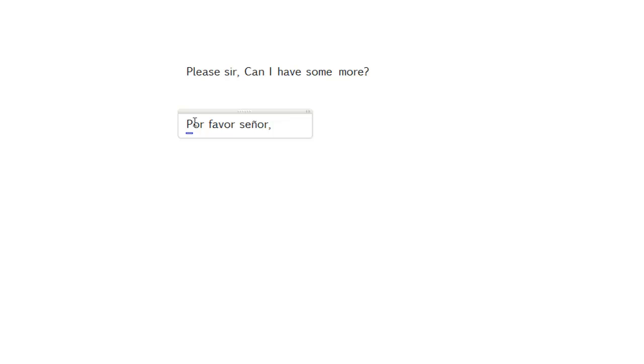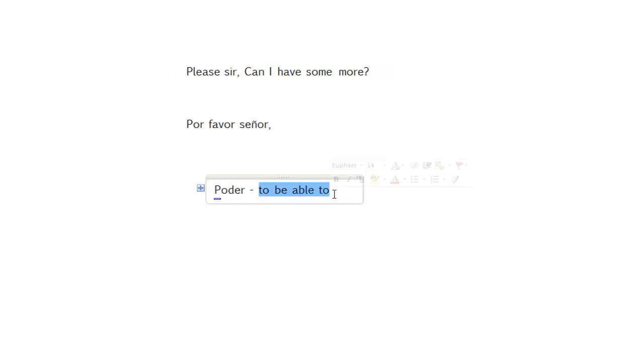Now, I don't know if you remember, but we looked at poder, which we roughly translated as to be able to. Okay. In English, can is a special type of verb. It's a modal verb, and it doesn't have what we call the infinitive form. You cannot say to can. It's just not possible. So it's a very special type of verb.